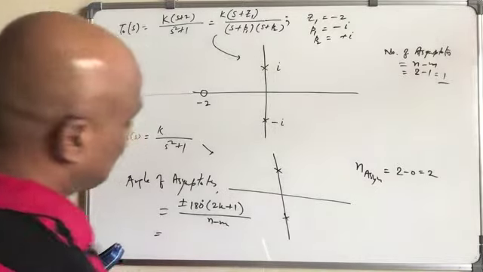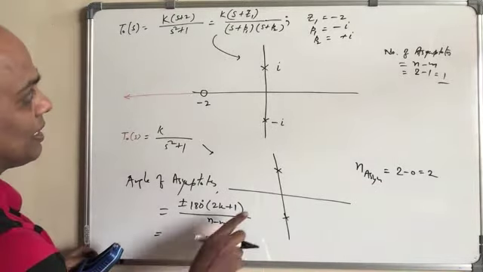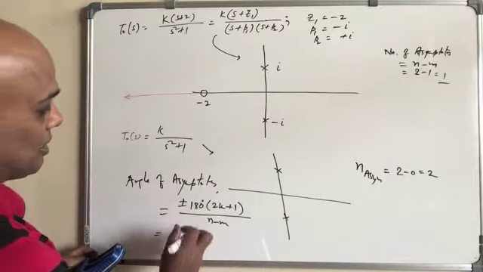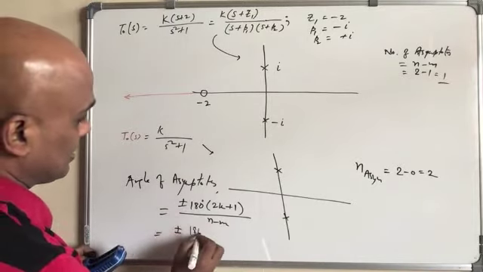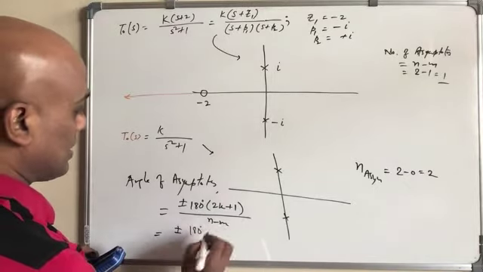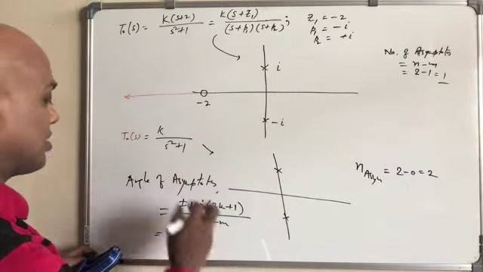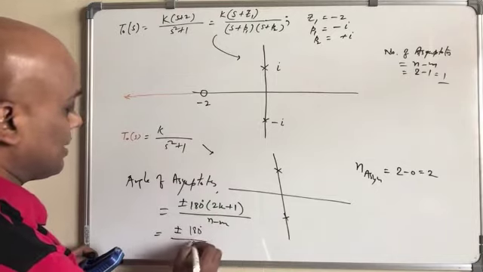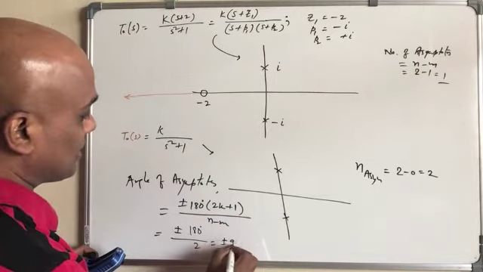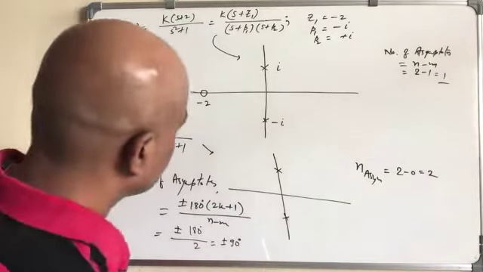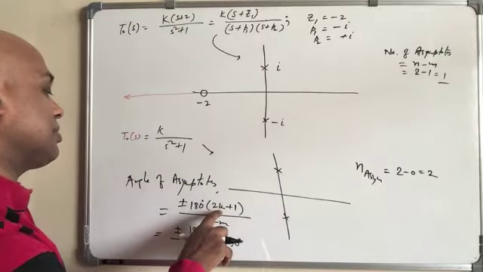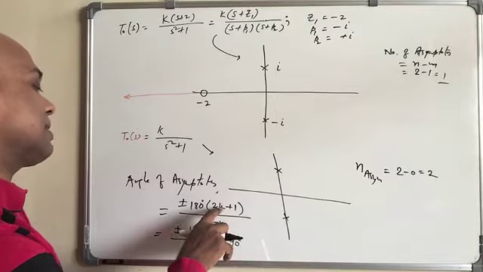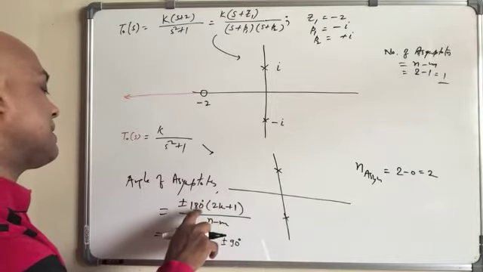Let's say we take k equal to 0. What do we get? Plus minus 90 degrees.